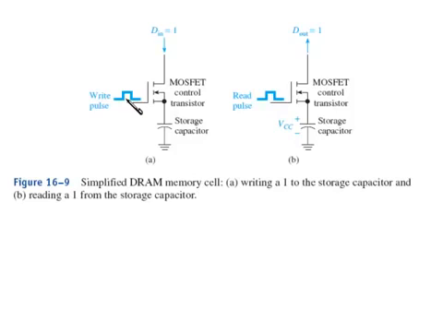Since this is an N MOSFET, this becomes a short, and the 1, which is plus 5 volts, will be placed on the storage capacitor. Then when you go to read, you would place a read pulse on the gate of a MOSFET, and this creates a short from drain to source, and that allows the 5 volts to be felt at the output. So basically the storage capacitor is either going to have a charge or not.